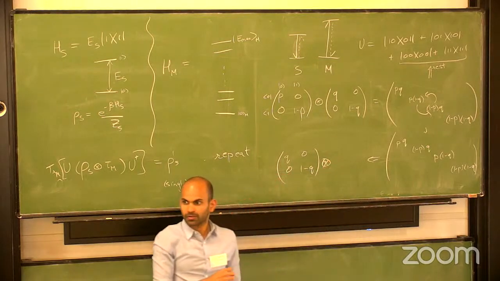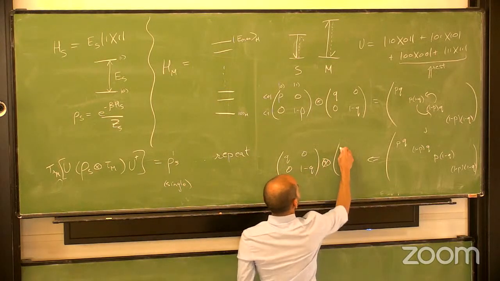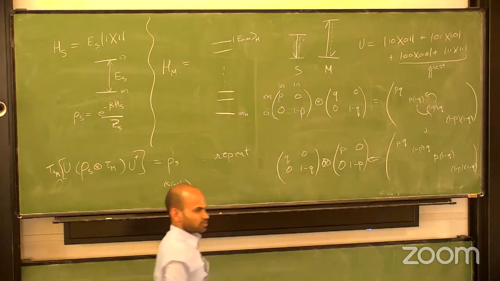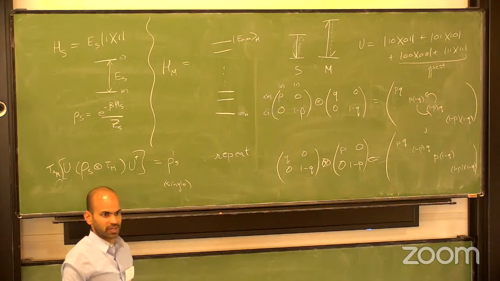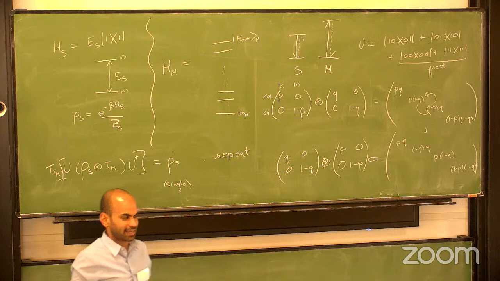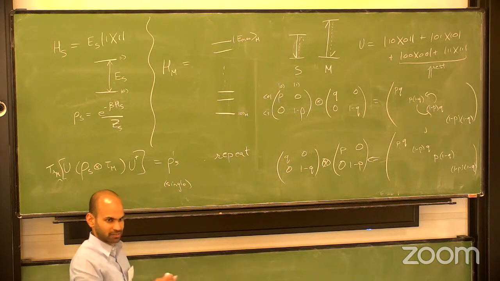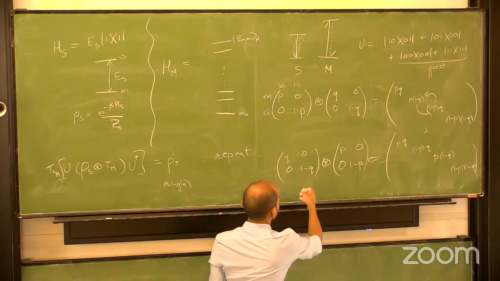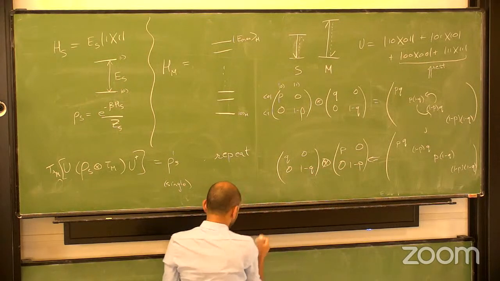Okay. diag(Q, 1 minus Q) tensor diag(P, 1 minus P). So the swap operation on qubits is very simple. Well, the swap operation on any two states actually has a generic form that it flips the states. And in this case of the qubits, you see now the state of the machine is now in the qubit, the state of the qubit is now in the machine.